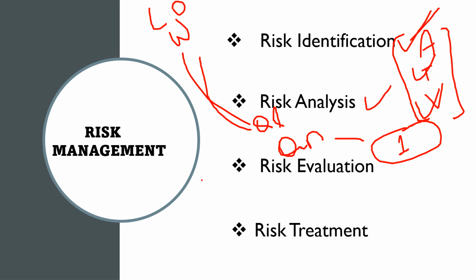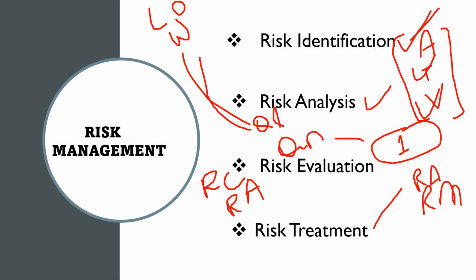Risk evaluation generally deals with risk capacity and risk acceptance. What is risk treatment? Risk treatment means how we can treat the risk. We can treat the risk by risk avoidance, risk mitigation, risk transfer, and by accepting the risk. We will discuss all these in coming slides.